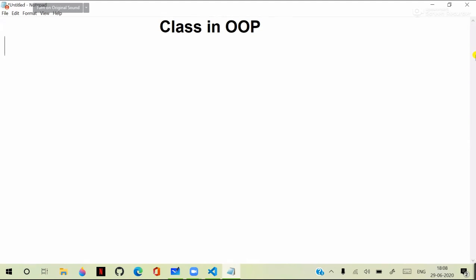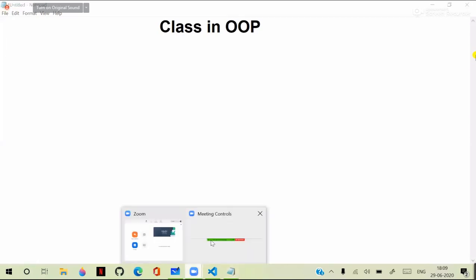Right. Now, generally, as per your definition, if anyone asks in object-oriented programming, what is a class? Then what will be your answer? How do you define a class?